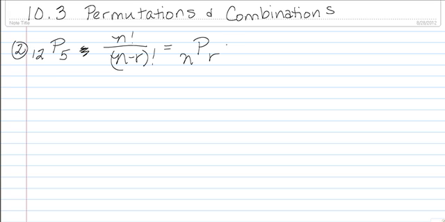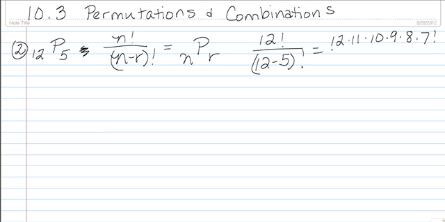So that'll be 12 factorial over 12 minus 5 factorial. And we're going to do this the longer way. 12 times 11 times 10 times 9 times 8 times 7 factorial over 7 factorial.